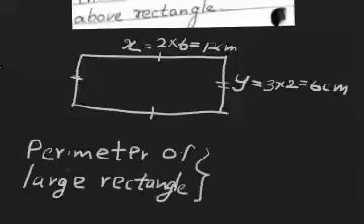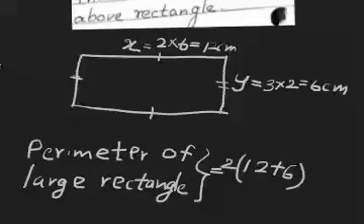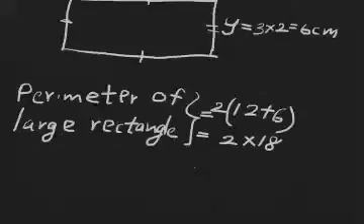Then here 12 plus 6, into 2. 12 plus 6 equals 18. 18 into 2 is 36. Unit of measurement centimeters.